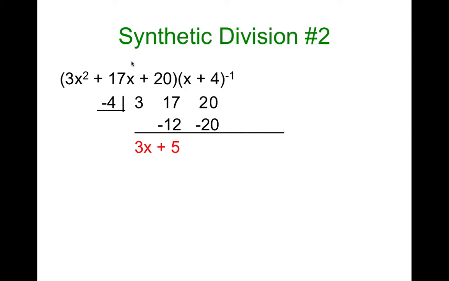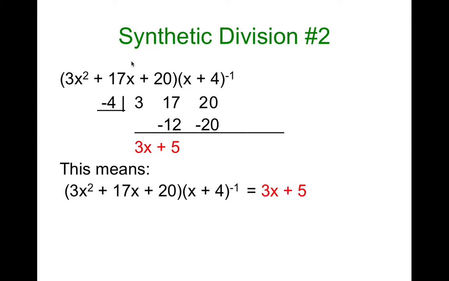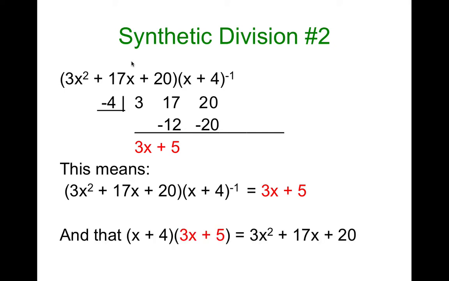And again, the 0 means that there is no remainder. So 3x plus 5 is basically our quotient. So 3x squared plus 17x plus 20 divided by x plus 4 equals 3x plus 5. This also means that if we were to FOIL x plus 4 times 3x plus 5, that would yield a 3x squared plus 17x plus 20.